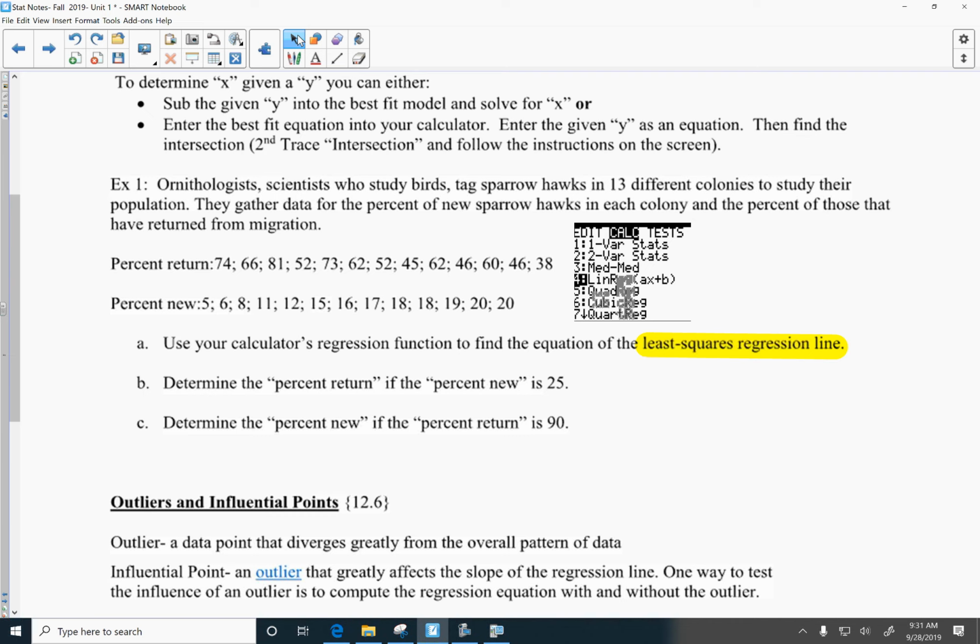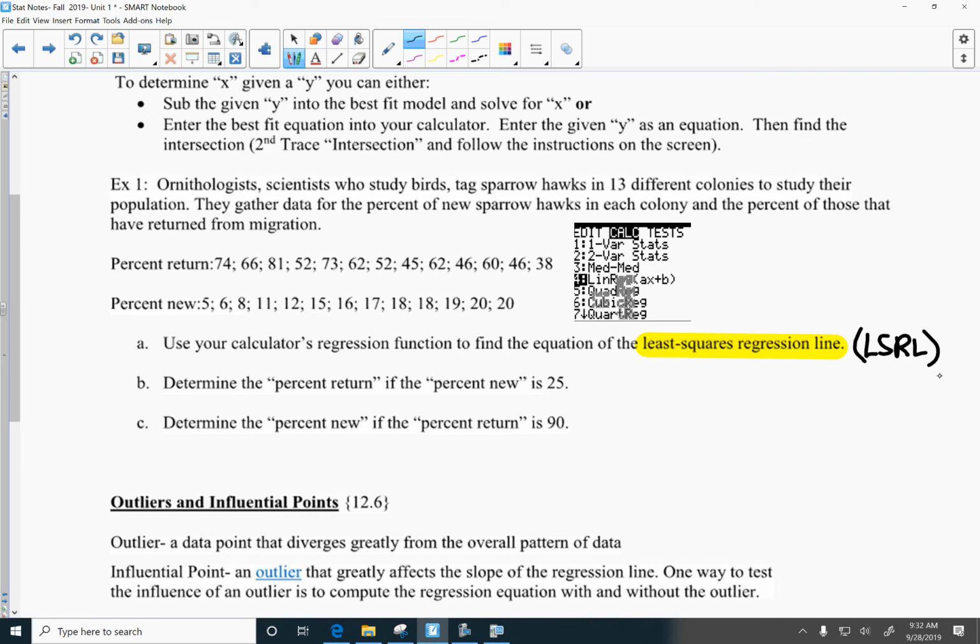But this one has a pretty good abbreviation: LSRL. It's not really an acronym, but LSRL, least squares regression line. I'll write it in all caps.